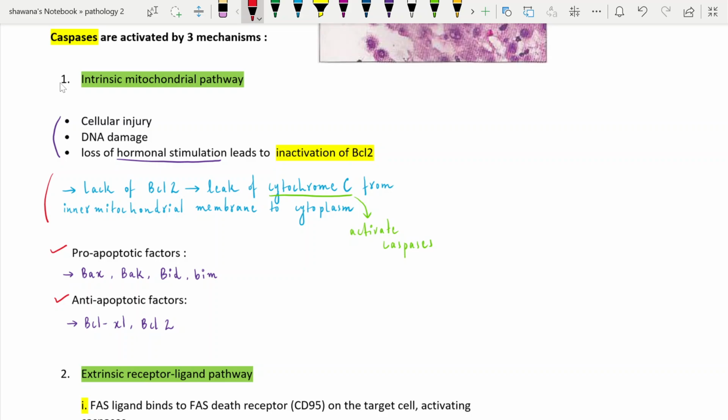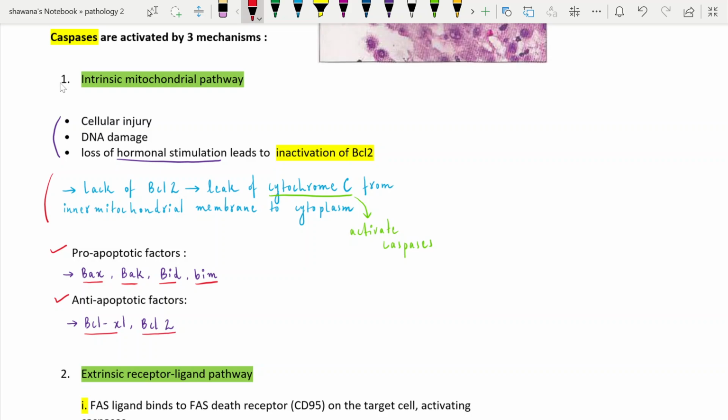Pro-apoptotic factors are BAX, BID, and BIM. There are a lot of them, but I have written just a few for easy understanding. These are pro-apoptotic factors, favoring apoptosis, while anti-apoptotic factors are the BCL-XL family and BCL2 family.